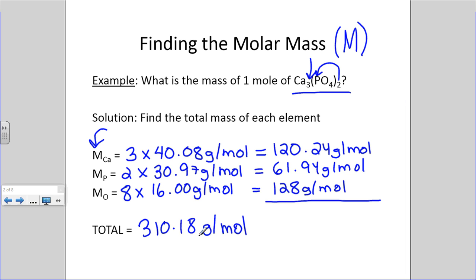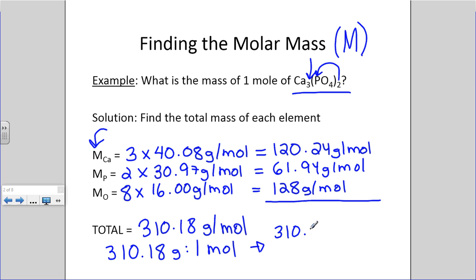Now, remember how we've been working with ratios and units? Your molar mass here is actually expressed as a ratio. So your ratio here, you could say, is 310.18 grams per 1 mole, or you could have it flipped around left and right, doesn't matter. But when you write that out in a fraction, you get two ways you can use that for our calculations.